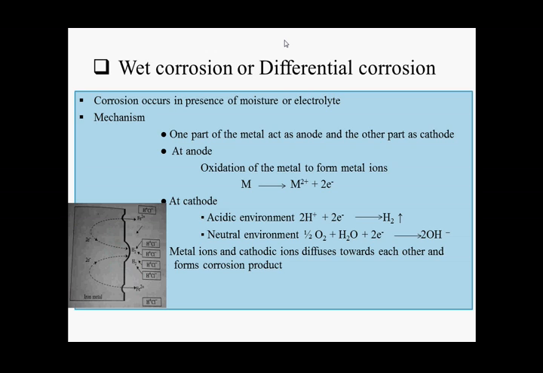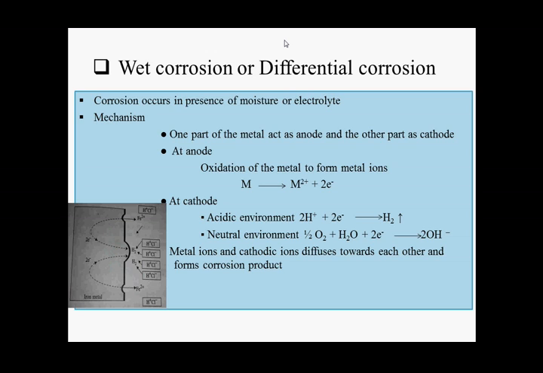In this type of corrosion, one part of the metal acts as anode and the other part of the metal acts as cathode. We all know that at the anode the metal undergoes oxidation to form metal ions, M2+ ions. With the loss of electrons, the metal forms metal ions. At the cathode, the reaction varies based on the acidic or neutral environment.